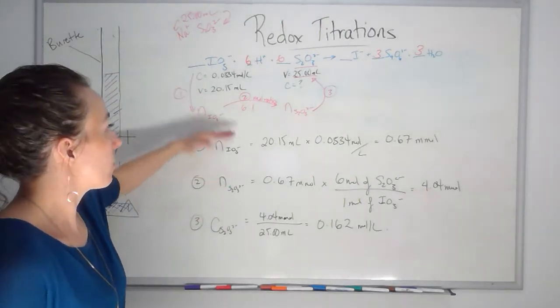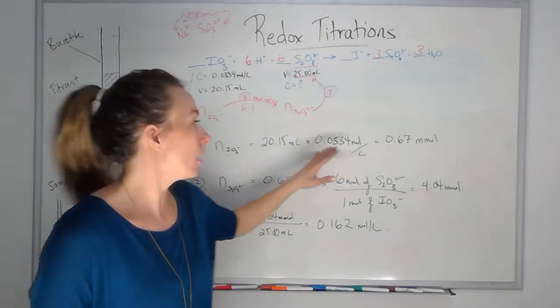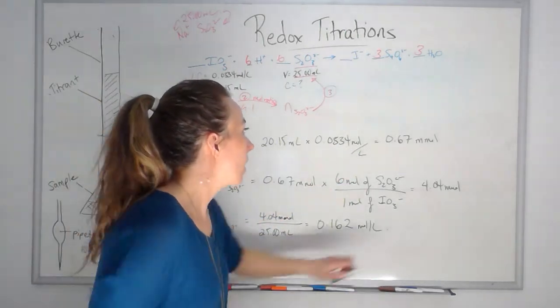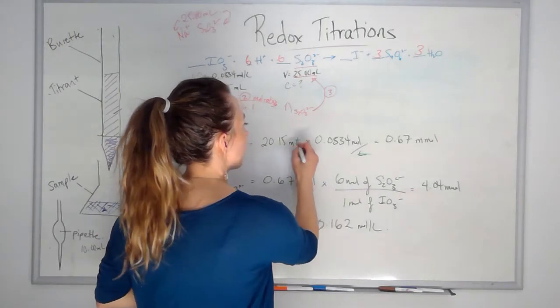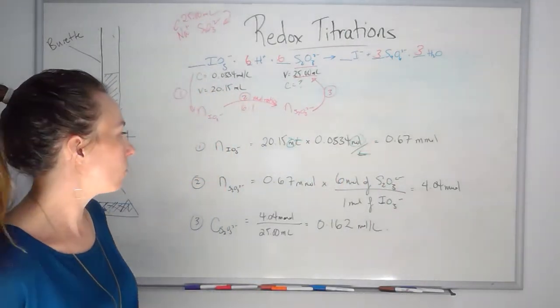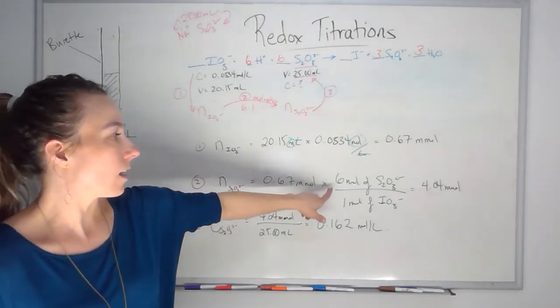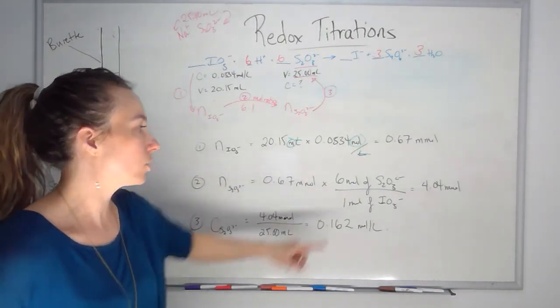So we're going to solve for the number of moles of IO3 minus by taking my volume and my concentration. You can see that the liters cancel out and I'm left with millimoles, so 0.67 millimoles. Number two, I then multiply that by my mole ratio.